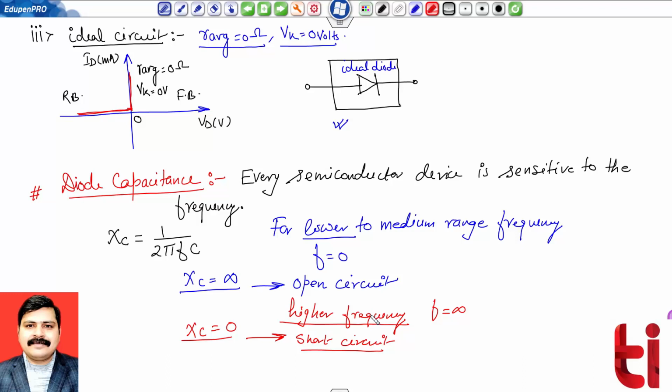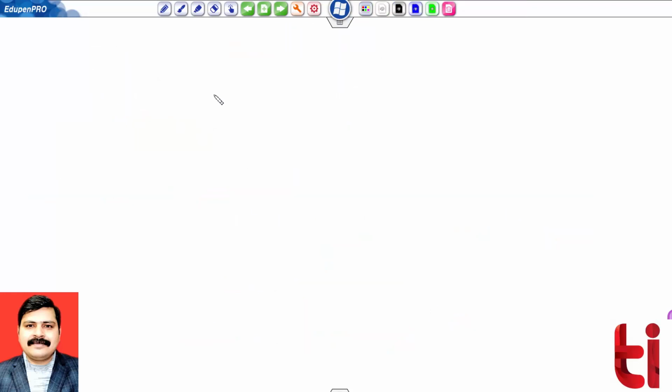Basically, two types of diode capacitances are available over here. As we have seen in the working, a diode works in forward bias and reverse bias conditions.